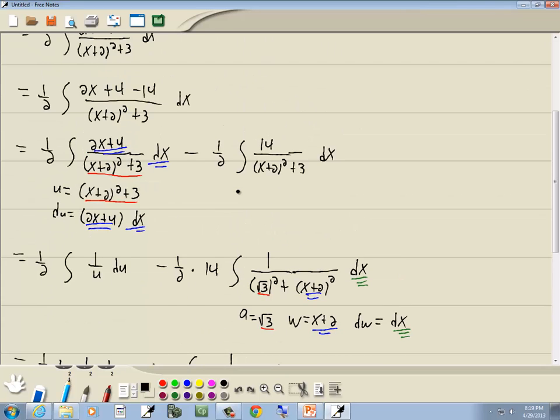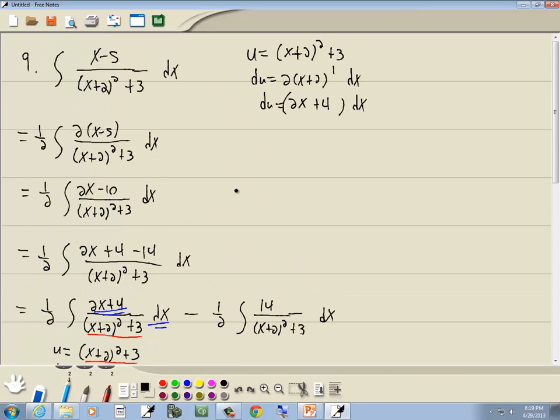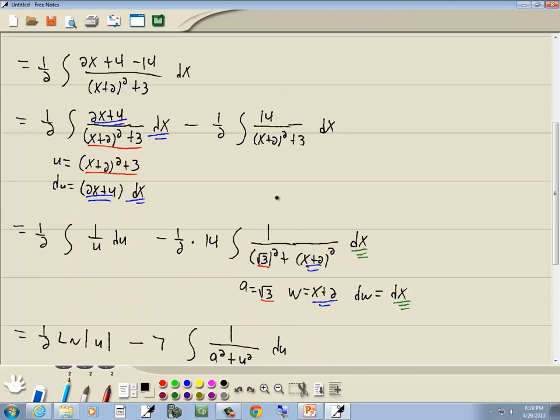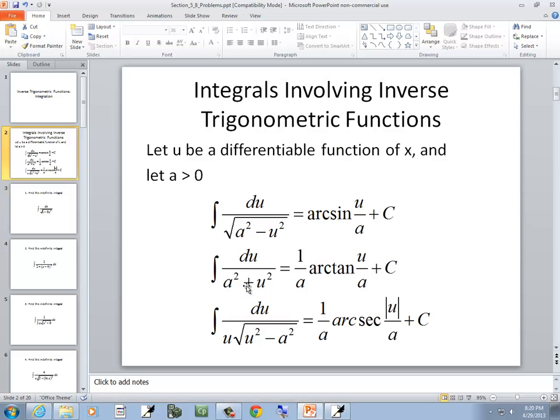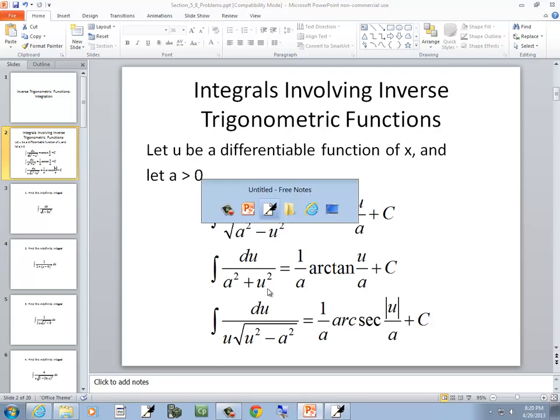U we said was x plus 2 squared plus 3. So we're going to have natural log of x plus 2 squared plus 3 minus 7, and this matches our formula exactly.